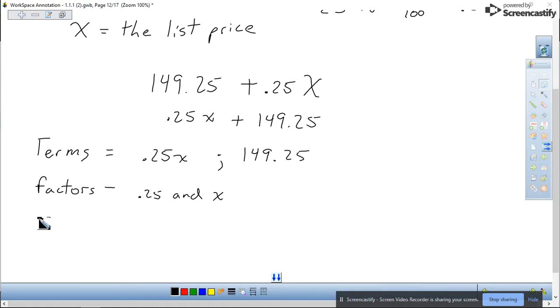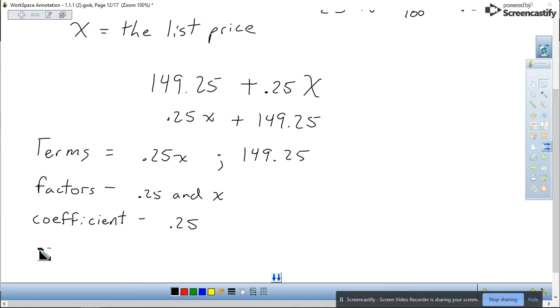Okay, let's talk coefficients. If in a term you have a variable, like we do in this first term, 0.25x, whatever number is being multiplied by that variable is your coefficient. So in this case, the 0.25 from the first term is our coefficient.